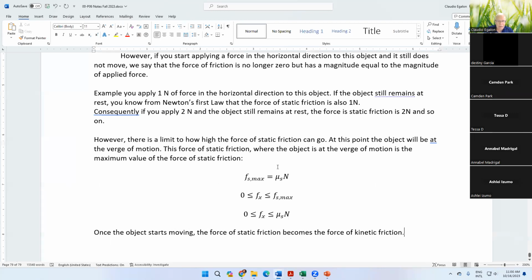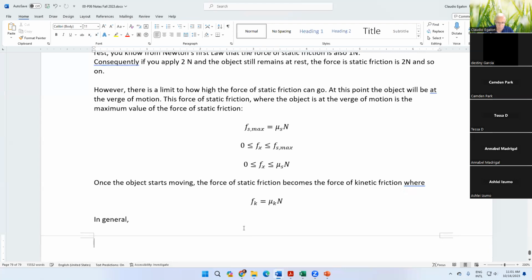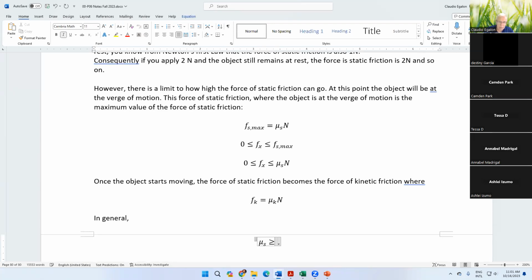And the force of kinetic friction, by the way, is given by a similar formula: force of kinetic friction equals the coefficient of kinetic friction times the normal. In general, this coefficient here is going to be greater than or equal to this other coefficient.